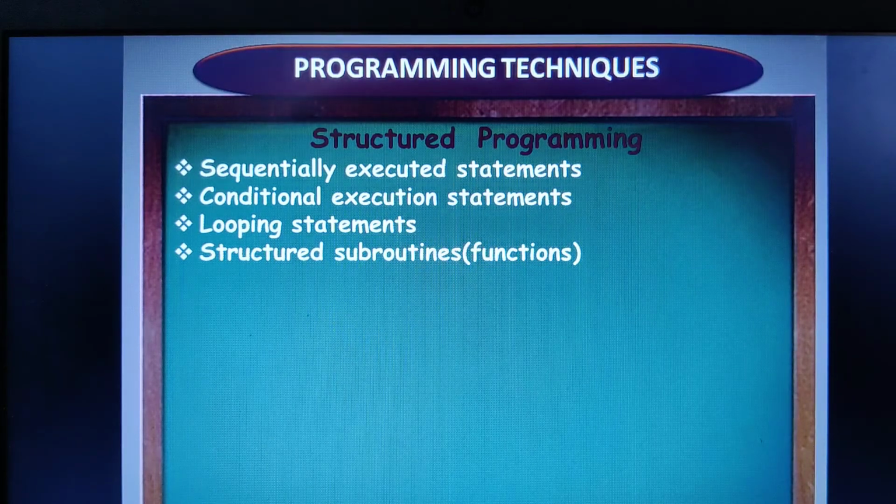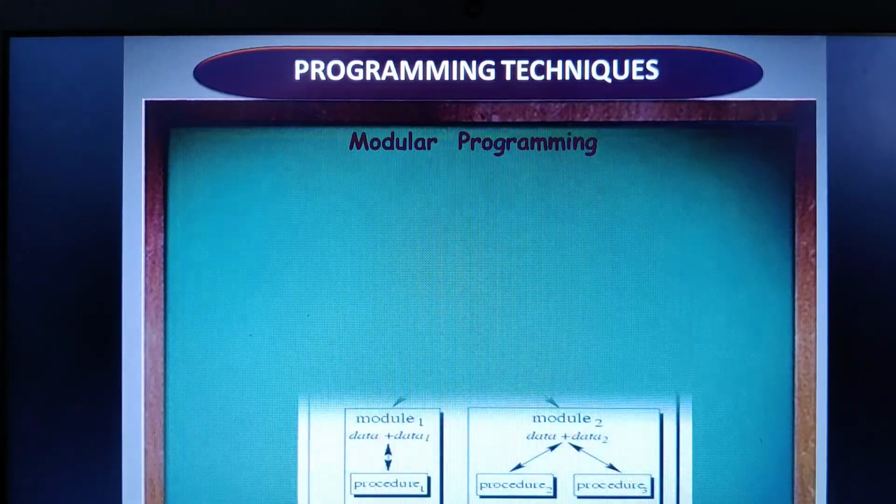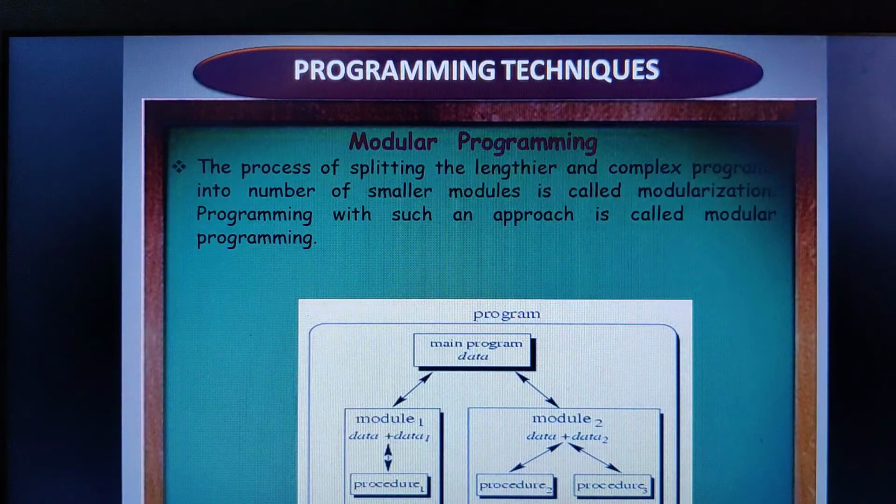Moving on to the last programming technique, that is the modular programming technique. So what is this modular programming technique? Modular programming is nothing but the process of splitting. Now look at this diagram. This is one entire program.